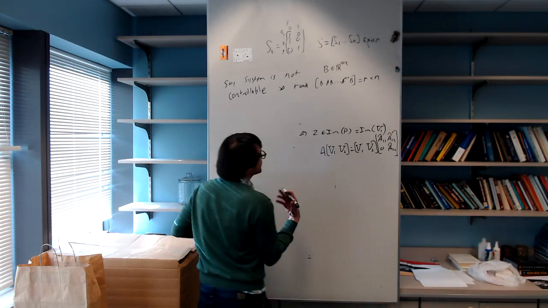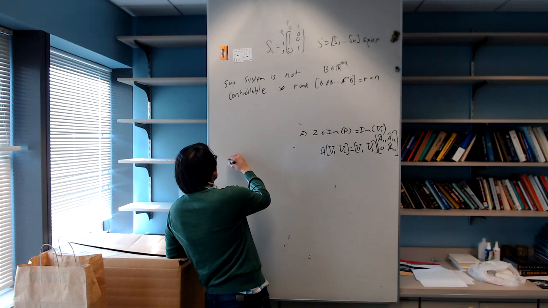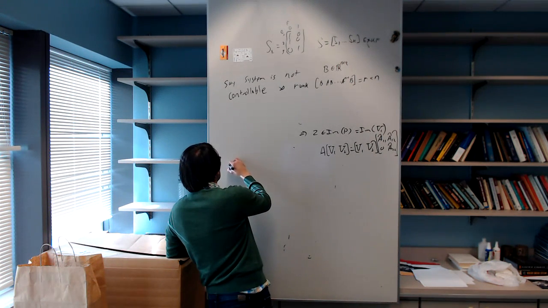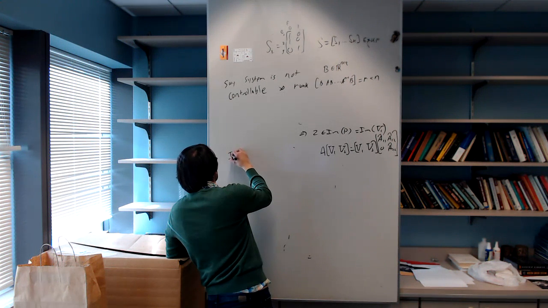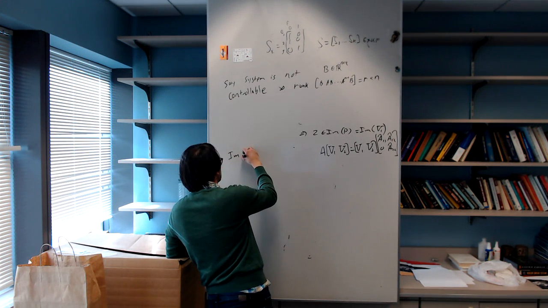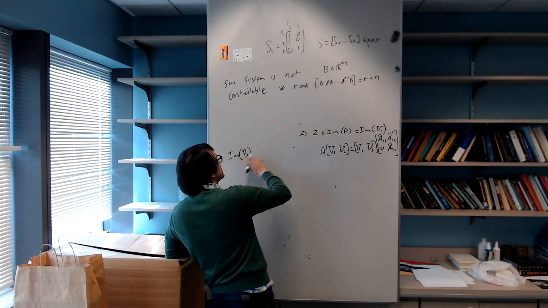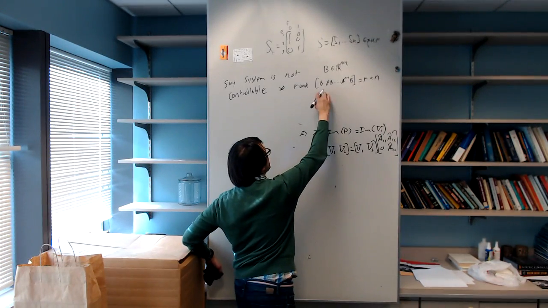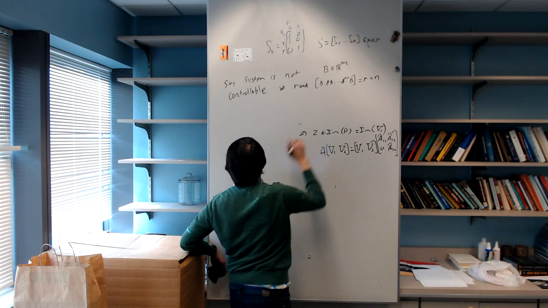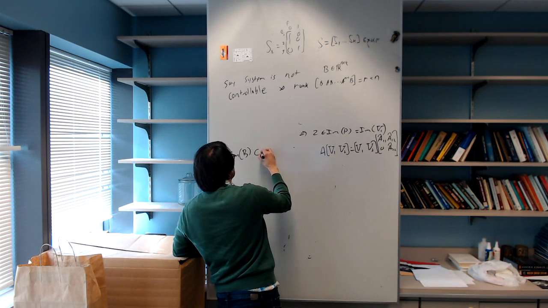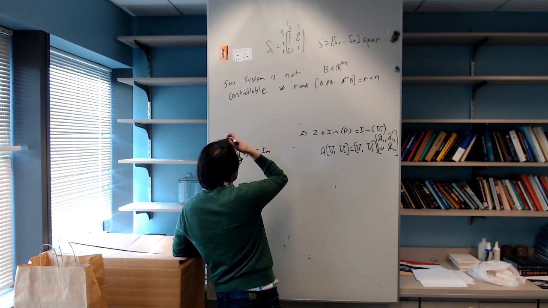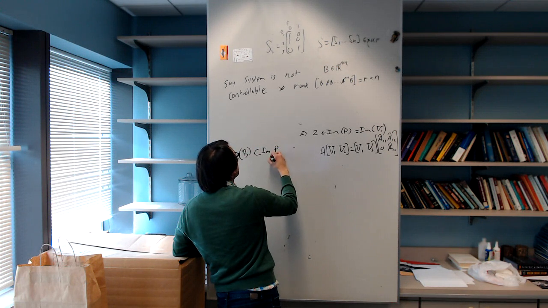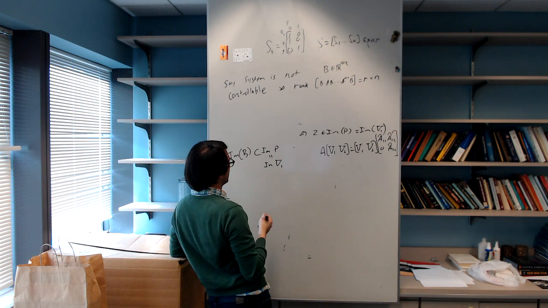The second piece works out really similarly. It's just because the image of B, since B is just a submatrix of this thing, is contained in the image of P, which is equal to the image of V1.